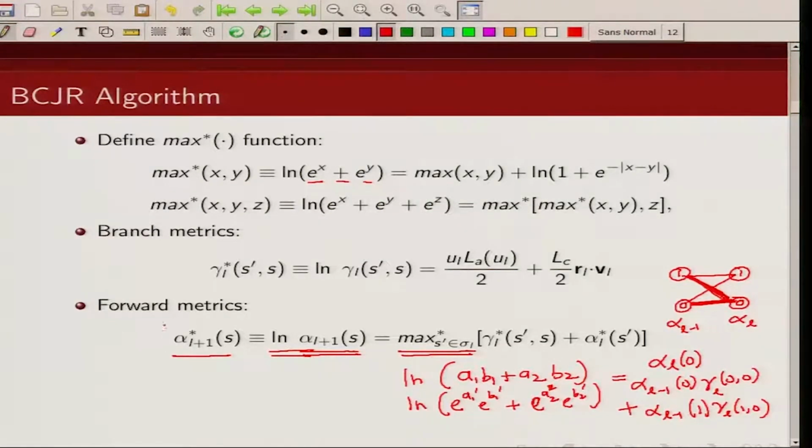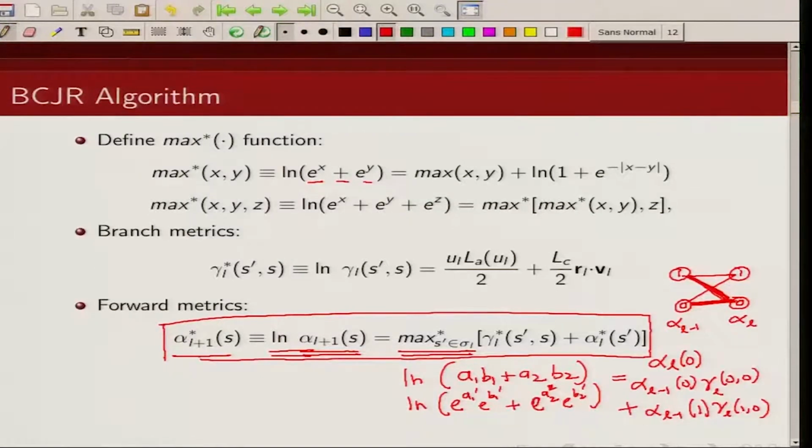So this forward metric, when we take the log, will become a max star operator, and the two terms inside, the gamma term and the alpha term, will be added.